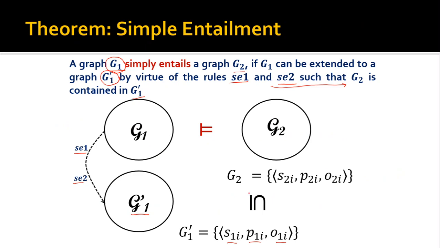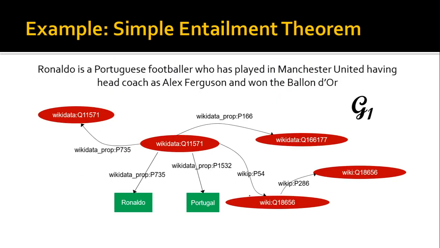So let us take a concrete example and try to illustrate what we are trying to say with this theorem, right? So this is what we are expressing in the Wikidata way. This is the Wikidata way of saying Ronaldo is a Portuguese footballer who has played in Manchester United, having head coach as Alex Ferguson and won the Ballon d'Or, right?